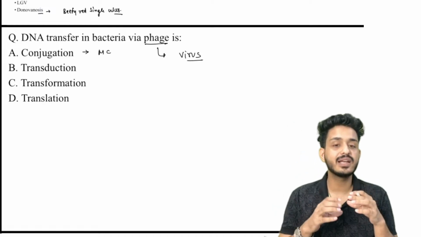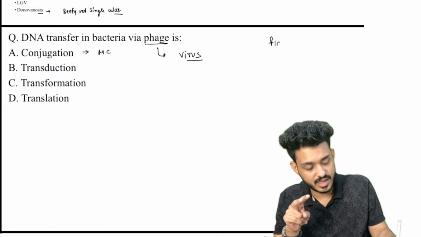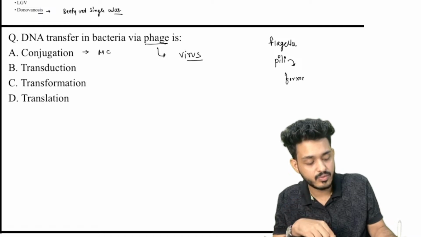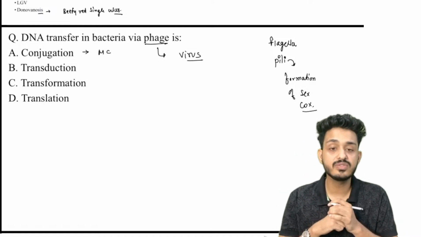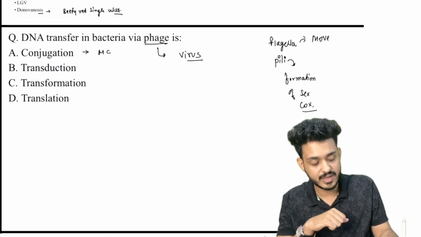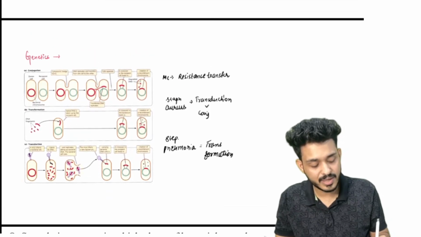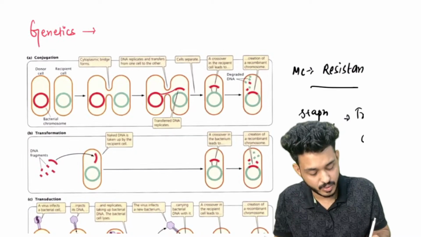How will conjugation occur? Remember, in bacterial anatomy or physiology, you will see two things: one is flagella, another is pili. The function of pili is formation of the sex cord, whereas the function of flagella is movement.